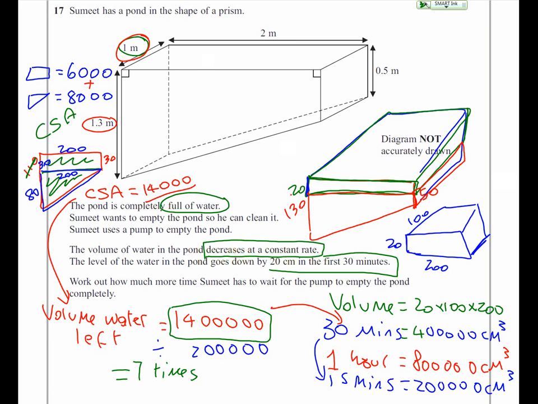Now, what does that represent? That represents 15 minutes. So it's 7 times 15 minutes. Well, 7 times 10 is 70. 7 times 5 is 35. Add them together. 105 minutes is your final answer.